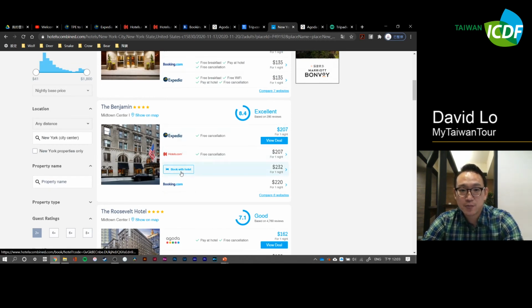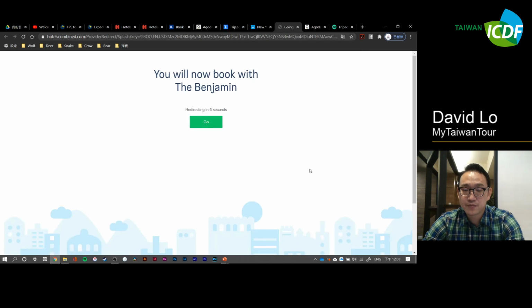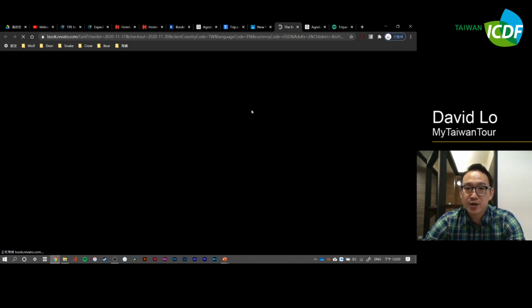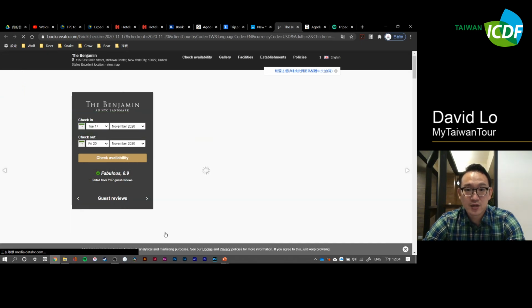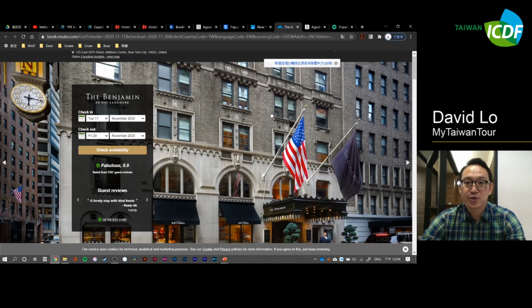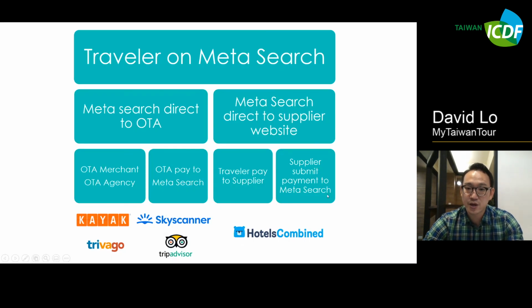It says book with hotel, so I click on book with hotel itself. They will take you to the supplier's website directly, like this. So you think, okay, now I'm paying the hotel itself. If I book anything through here, I pay the hotel directly, or I pay at the site like a regular official website.